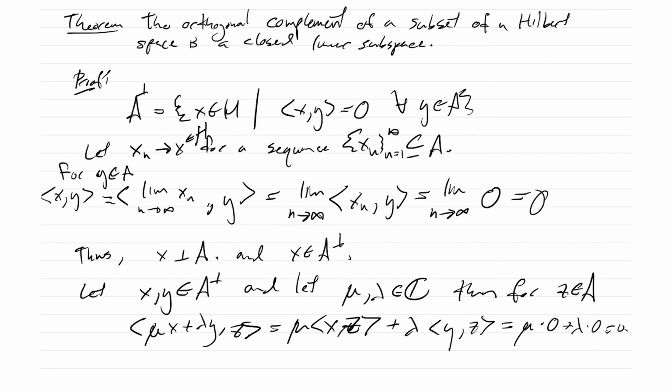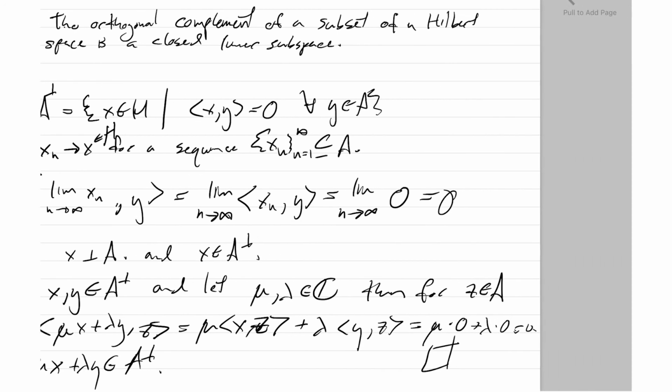So for any arbitrary z, the linear combination is orthogonal to it, and therefore mu x plus lambda y is in A perp by definition. So quick and dirty, but that's more or less the proof.